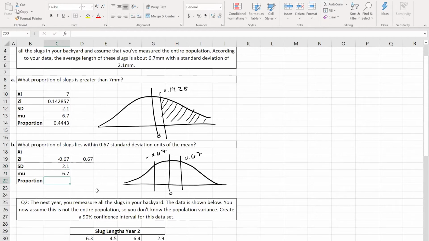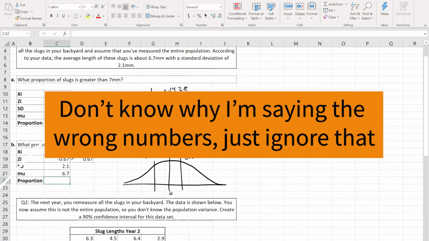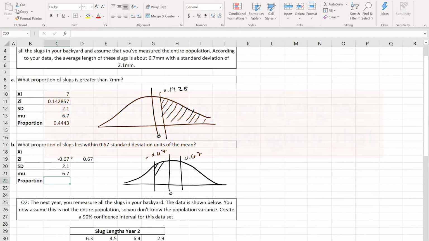The proportion that we're looking at then is between 0.67 and negative 0.67 standard deviation units. This area between, which means we have to take the proportion for this value and subtract from it the proportion from this value, which corresponds to this area.